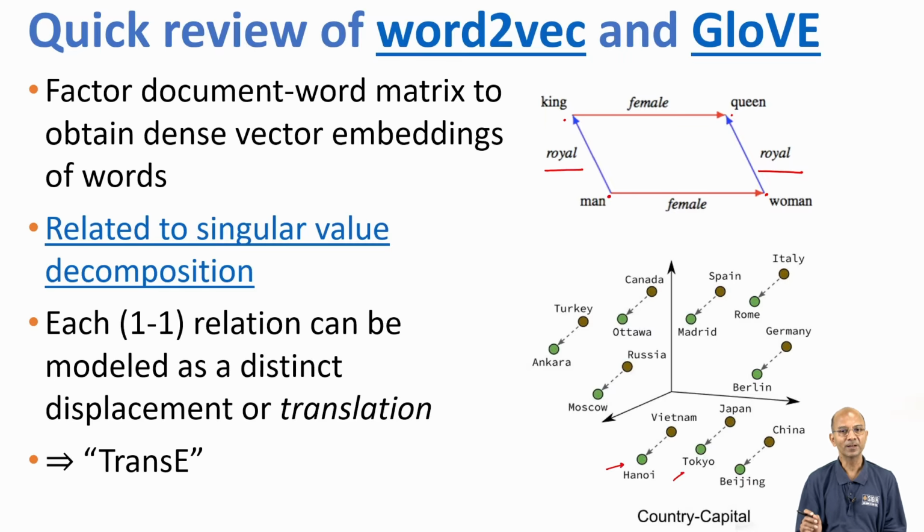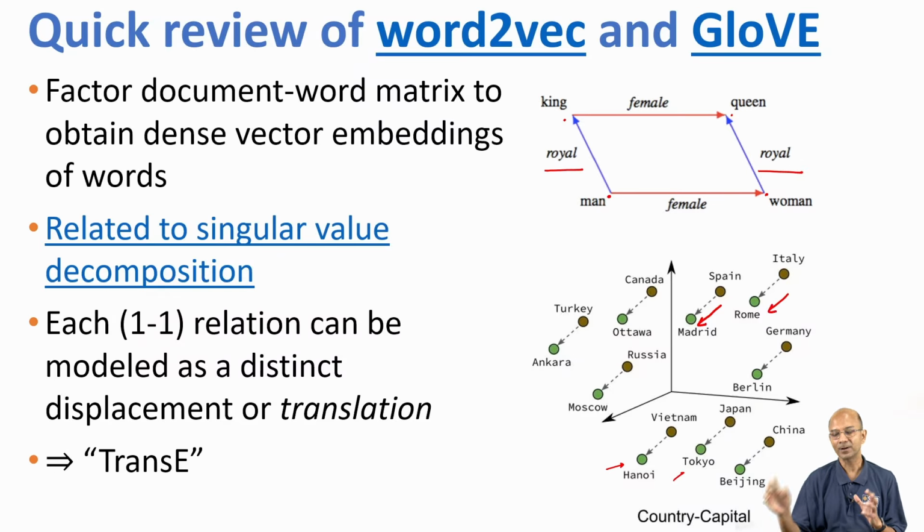And the very specific relation between these countries and cities is that these cities are the capital of those countries. And surprisingly, it turns out that the translation from Spain to Madrid is approximately the same as the translation from Italy to Rome. So this suggests a very simple way to get started on designing that function f.